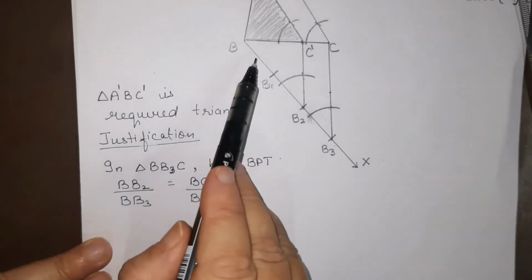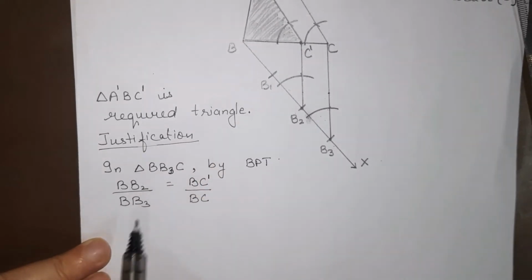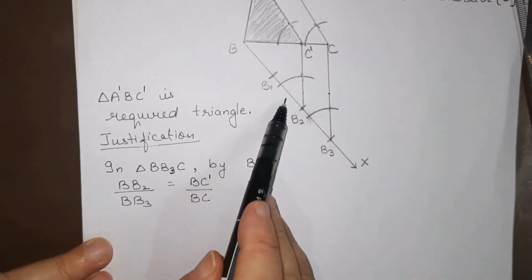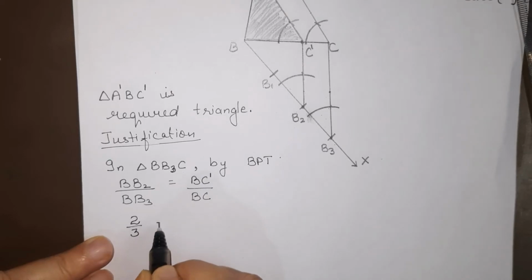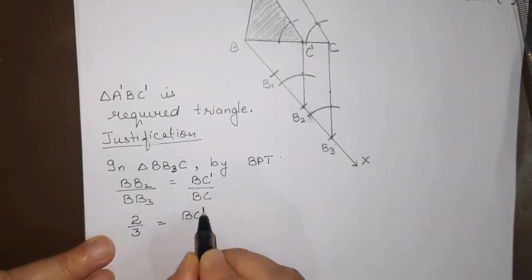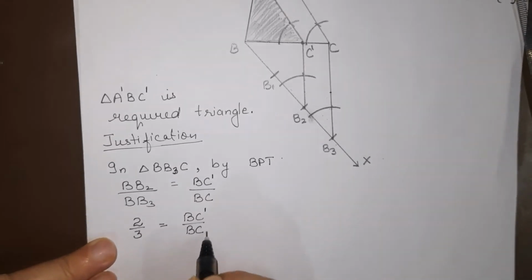Right? But if you see BB2, 2 parts and BB3, 3 parts. So this ratio is 2:3. So 2:3 is equal to BC dash over BC.